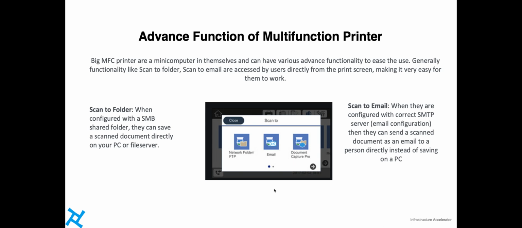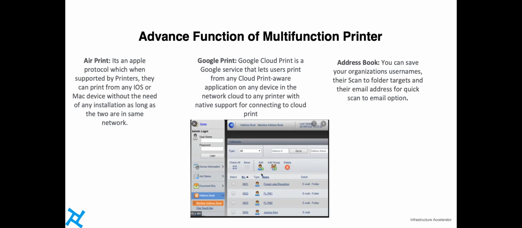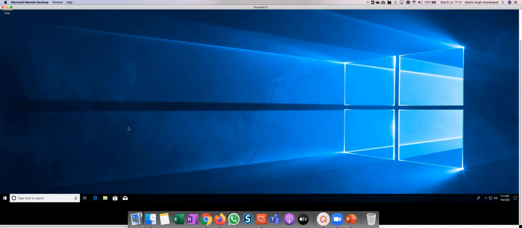Everybody will have different email addresses where they want to have their emails received. So what we have is an address book like this, where we provide the user's email address and their scan to folder targets. And when a user walks in and clicks on his name and scans his document, the document will directly reach that folder or will get emailed to the user. So that's why you have the address book.